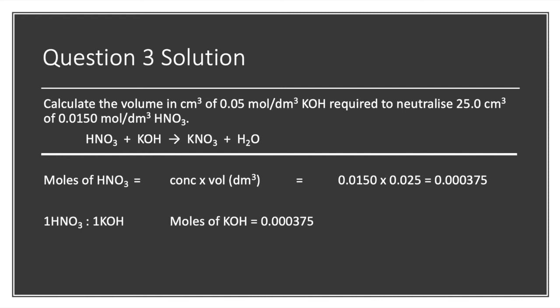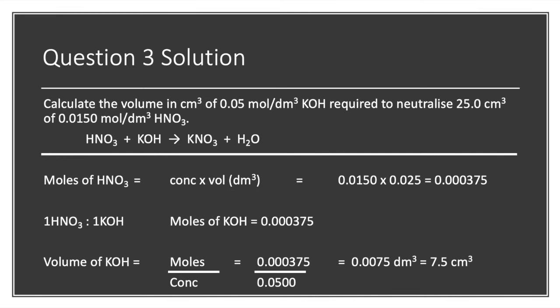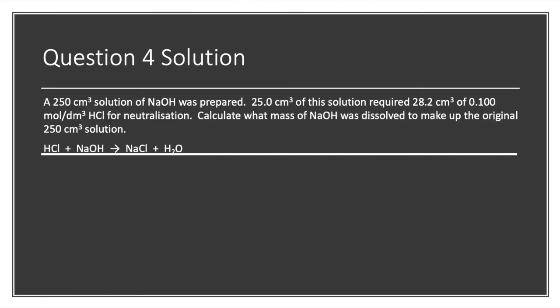When we look at the equation, you'll see it's 1 nitric acid to 1 potassium hydroxide, so we have the same number of moles of potassium hydroxide. And then finally, our volume of potassium hydroxide is going to now be moles divided by concentration. Concentration they told us in the question, and if we do that, it's 0.0075 decimeters cubed, times that by 1,000 to give us 7.5 centimeters cubed.